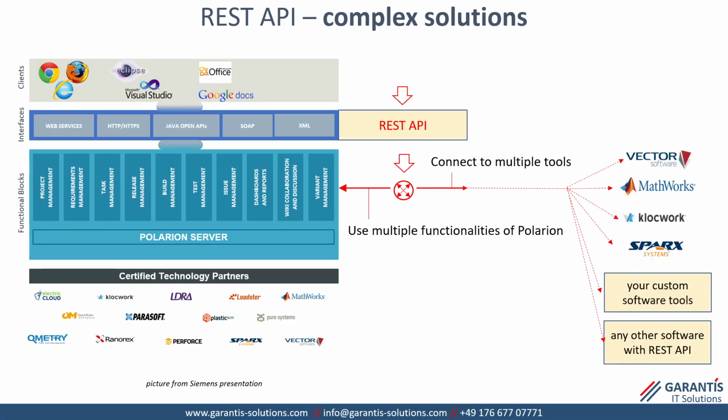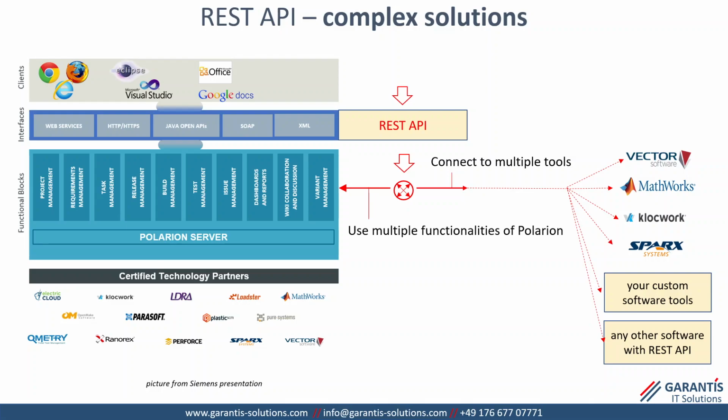Now we can move to the new world of using REST API. And using REST API we can in a similar way connect to the same applications. We can also connect to our custom software tools shown in the yellow box below in the corner, and we can also connect to other software tools which use REST APIs such as Microsoft Office, Teams, other applications which are not shown on this picture.